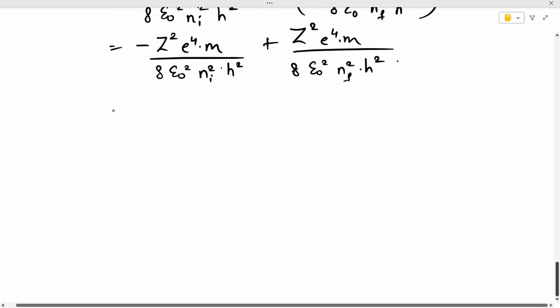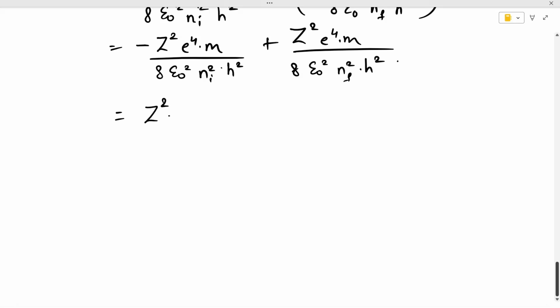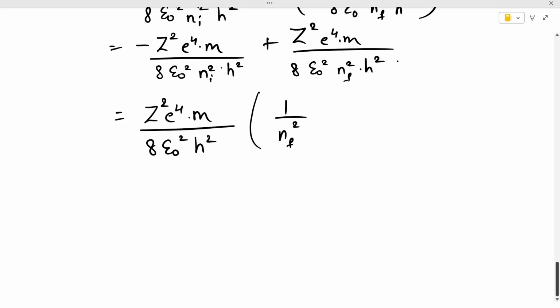Now moving further, we can take out some common things here. The common will be Z square e raised to 4 times m upon 8 epsilon naught square h square into 1 upon n f square minus 1 upon n i square. And then we also know that energy is equal to hc by lambda.